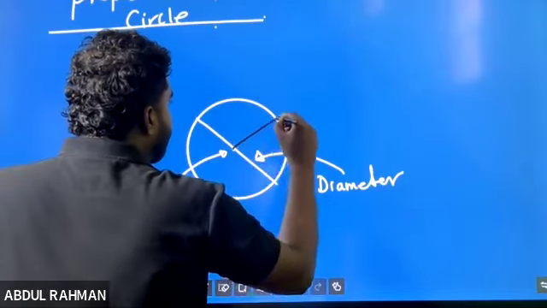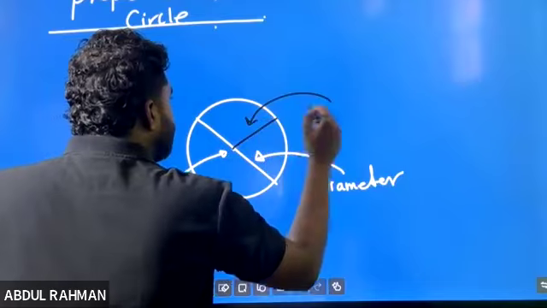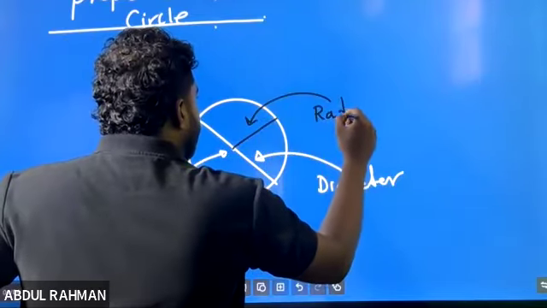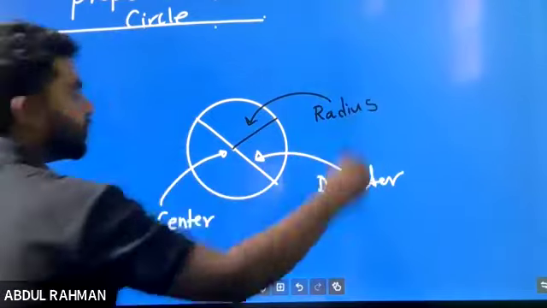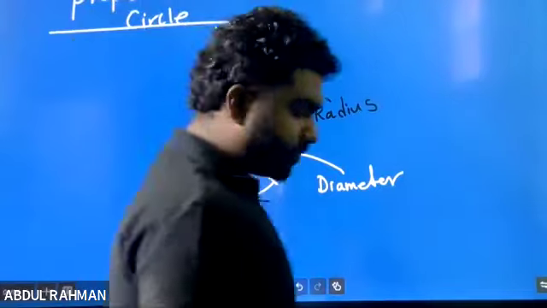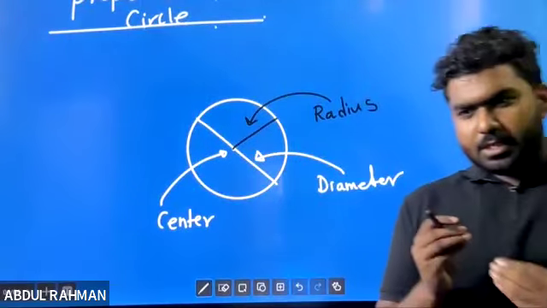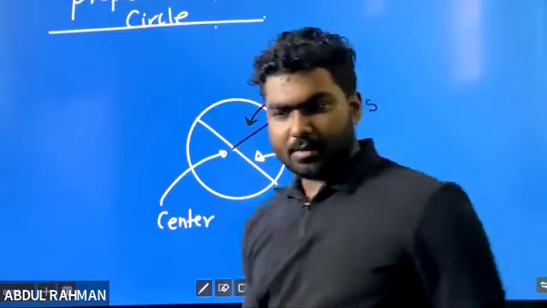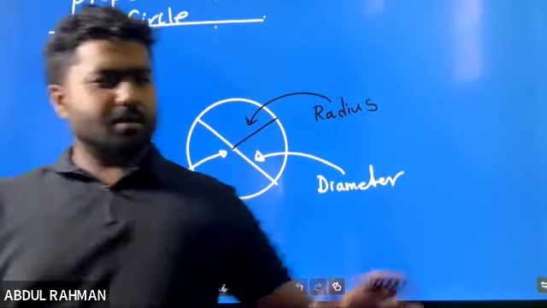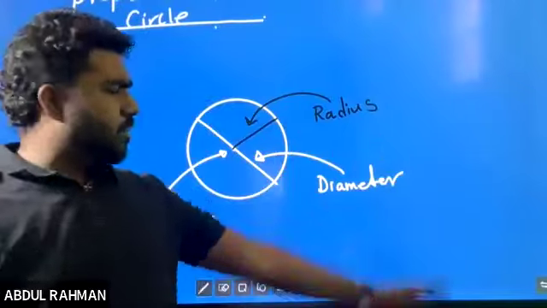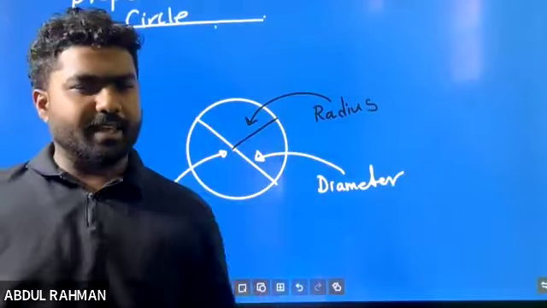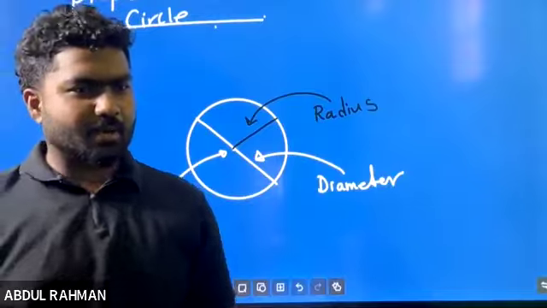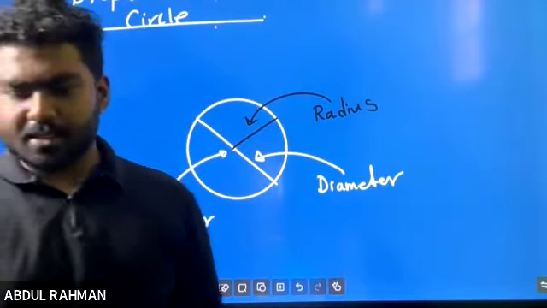And using a different color, mark this as your radius. Quickly mark this one. Very important. These small things are going to make a huge difference in this lesson. Don't think that you already know all these skills.